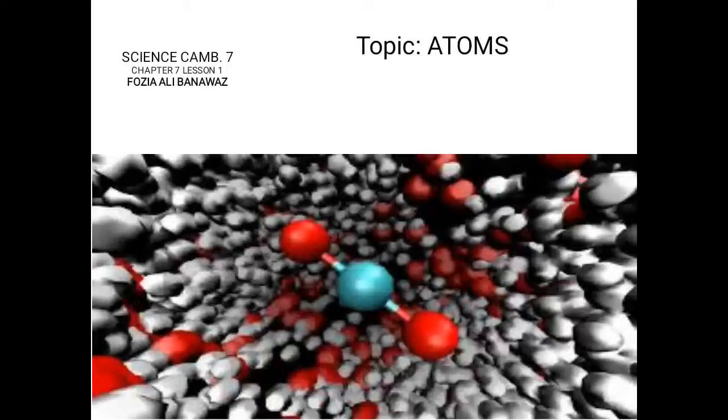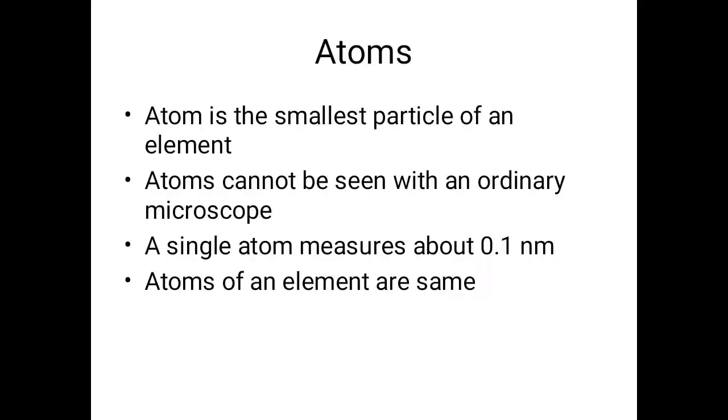How are you all? Class, today we are going to study about atoms. Chapter number 7, first lesson. Atoms are defined as the smallest particle of an element. Not only the element, atom is the smallest particle of matter, in fact.